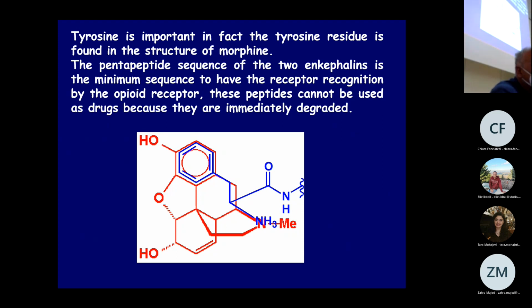So this means that morphine has a dopamine activity, is able to interact with dopamine receptors, and this fact explains the side effect of morphine, which is vomiting. Because if you remember, the dopaminergic agonists of peripheral dopaminergic receptors are able to cause vomiting.